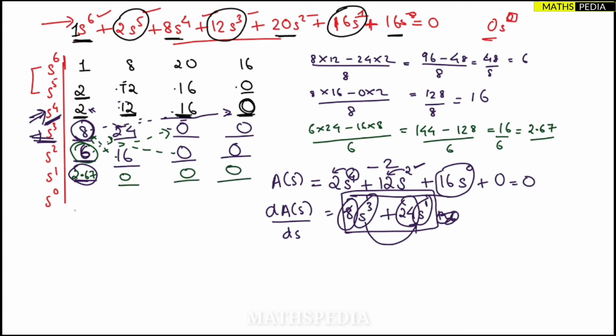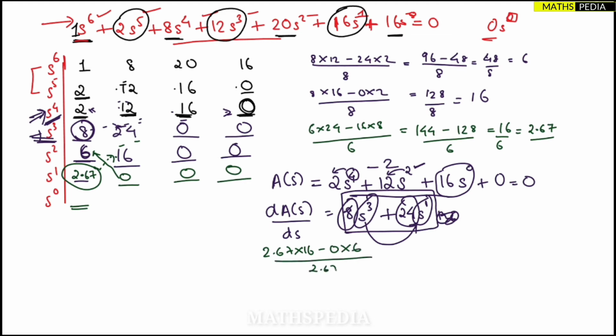Now s power 0. So 2.67 into 16 minus 0 into 6, divided by 2.67.